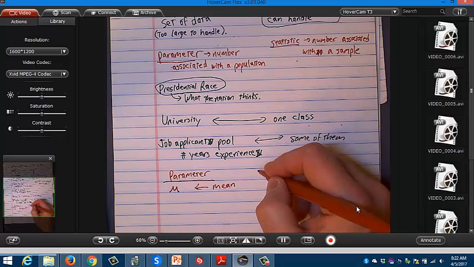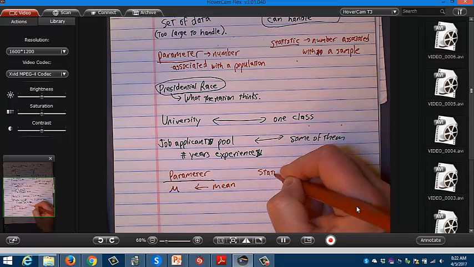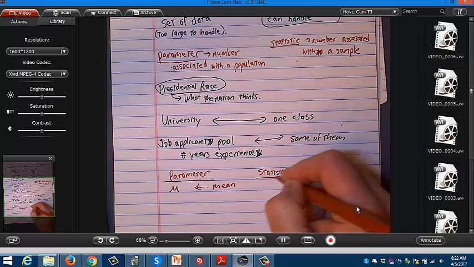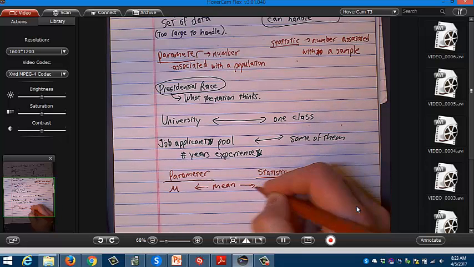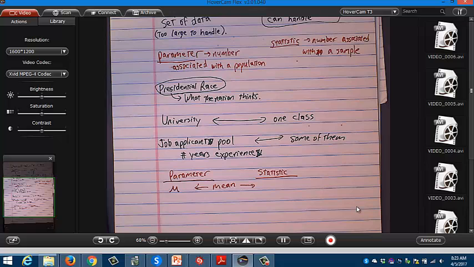But along with a parameter, we also have a statistic. And the idea is if we just take a sample, if I just take one class, maybe I could take that average number of years of experience. Right? We could do that.